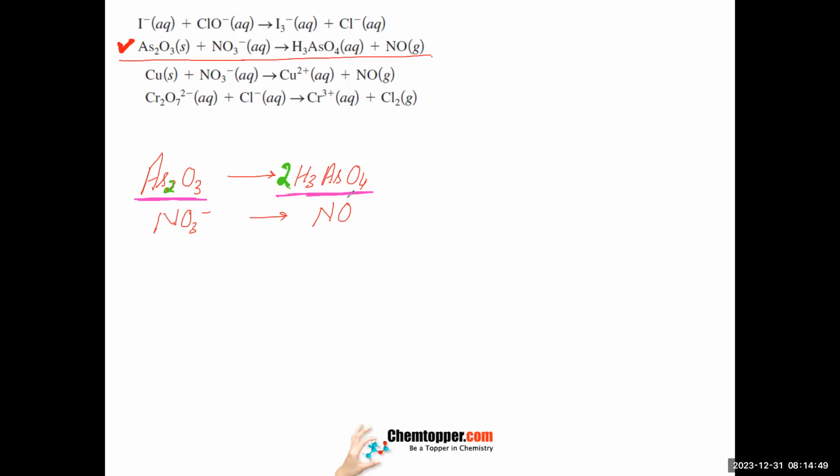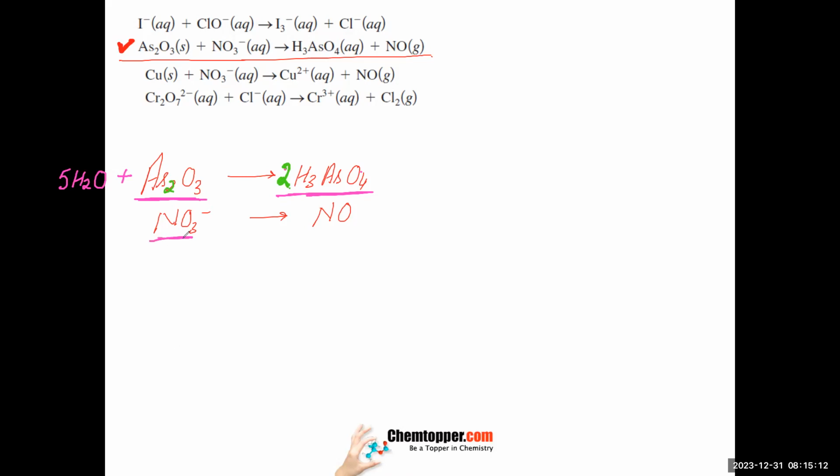No, no, Shriyan, 8. 2 times 4, 8. Here 3, here 8. The difference is 5. So add 5 H2O on this side. Shriyan, you're getting it? Please do not ignore these coefficients which are written in front.